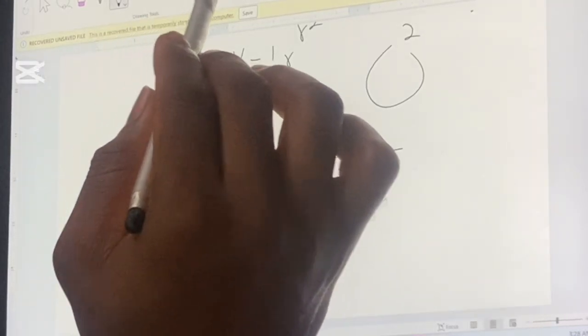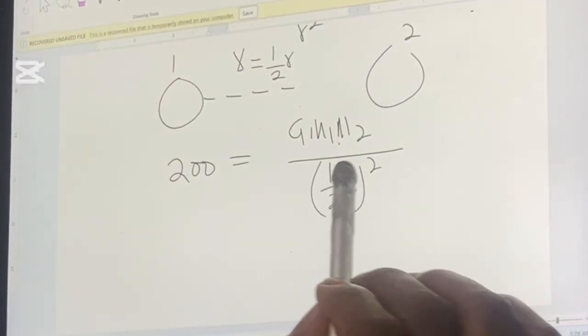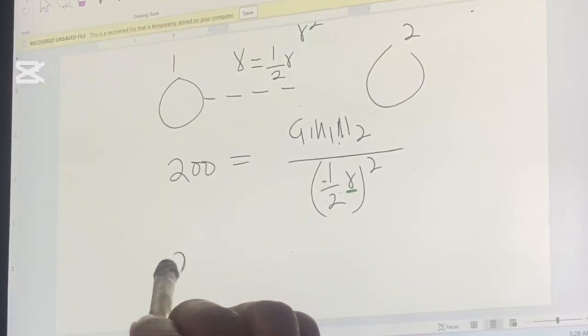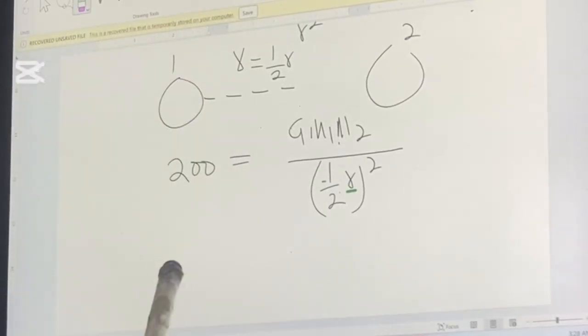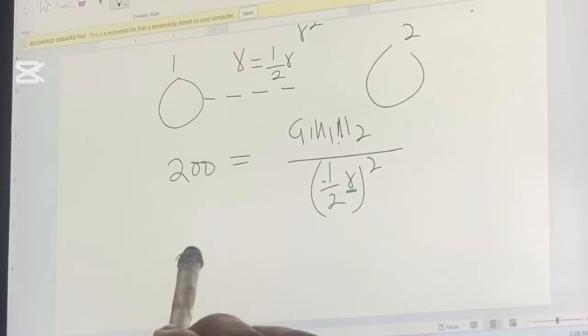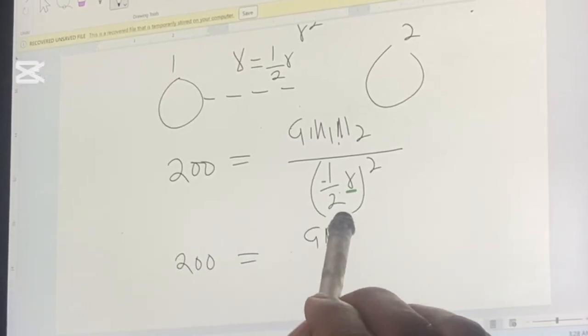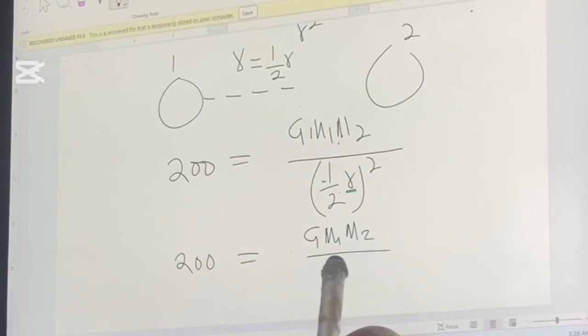Please take note. So class, 1 over 2 of the distance is the same as r over 2. That is, this r here multiplied by 1 will give us r. So when you simplify this, I will have 200 is equal to G m1 m2 over (r over 2) all squared.